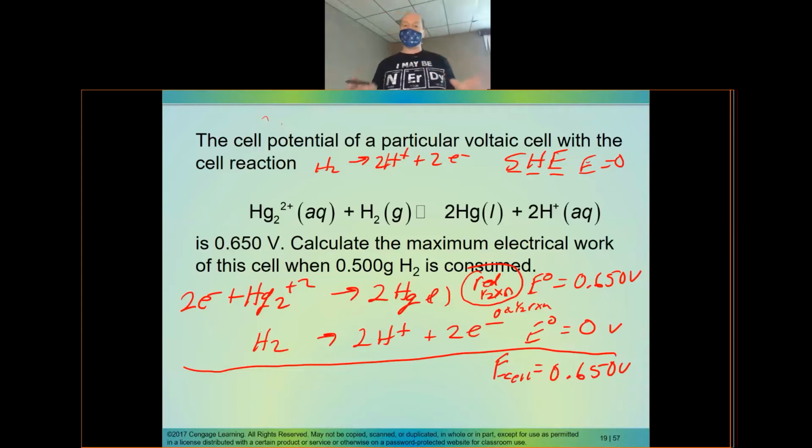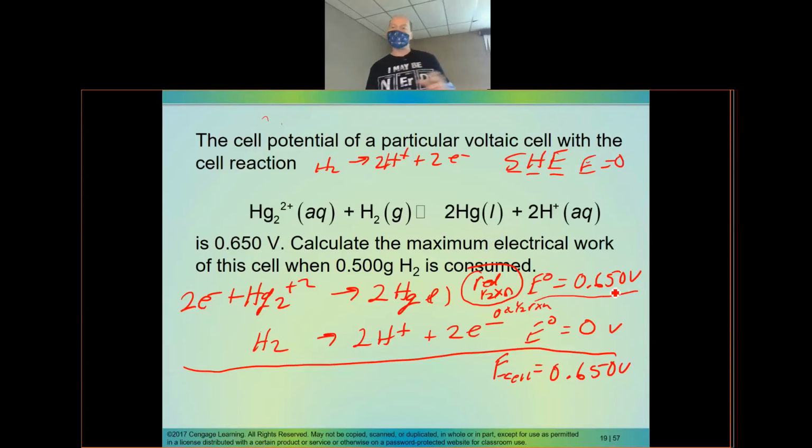Something very strange about this is if it was 4 electrons and we had to multiply this through by 2. If you multiply any of your half reactions by any integer, whatever you're multiplying it by, 2, 4, 3, 6, 1/2, whatever, never change your potential.